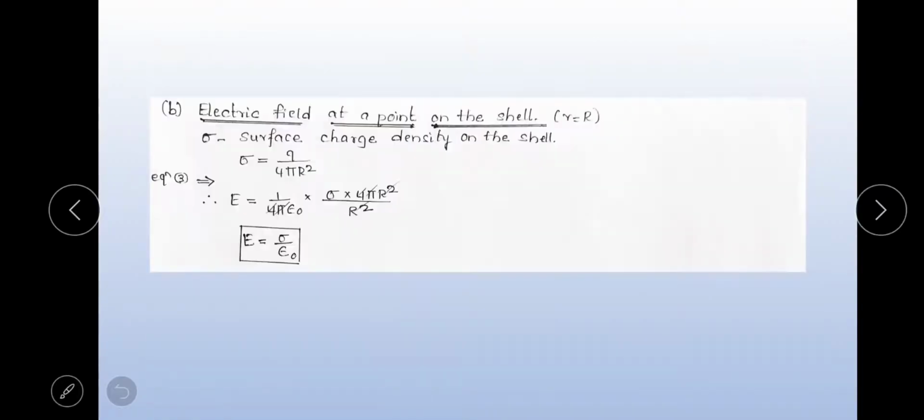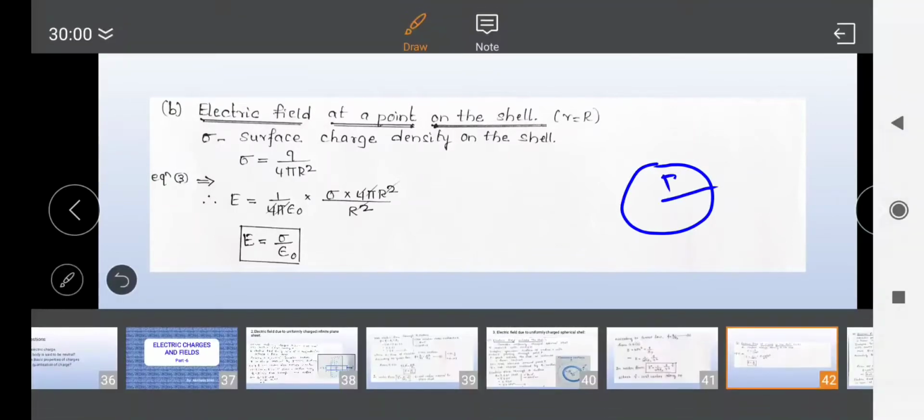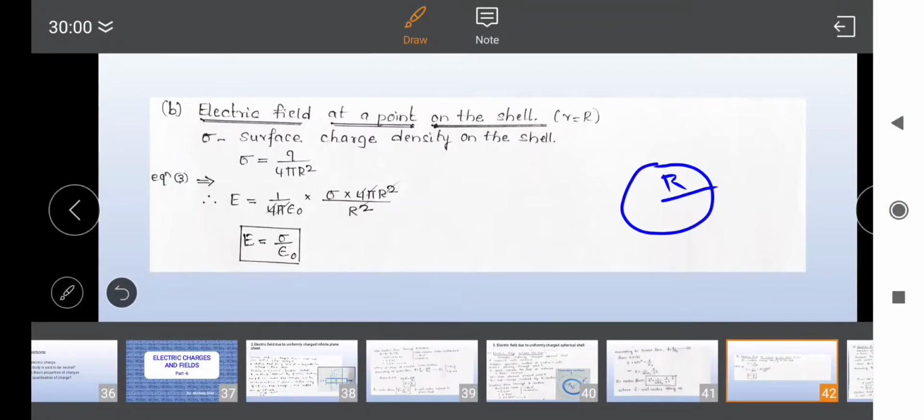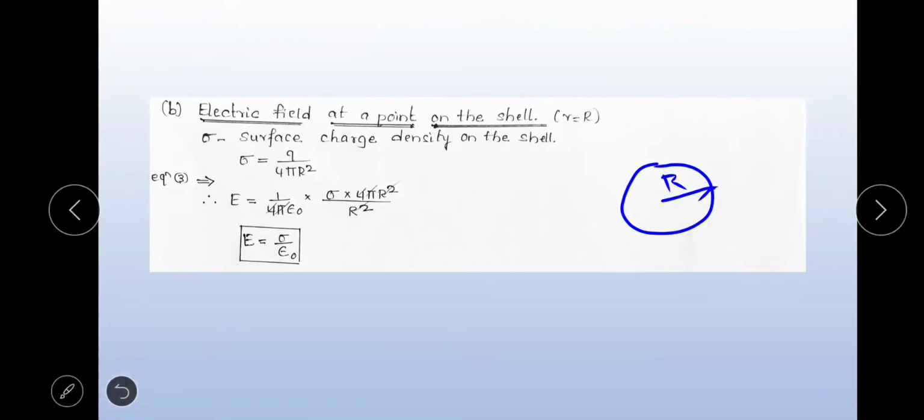Now consider the second case, electric field at a point on the shell. Okay, suppose you draw the diagram of the shell. Here the radius of the shell is r. Now we have to consider a point on the shell.